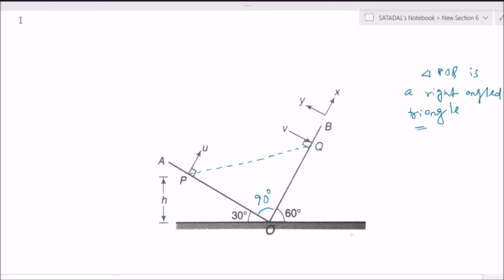Is this okay? This idea is okay now? Fine, right. So can I write PQ is equal to root under of PO square plus OQ square?